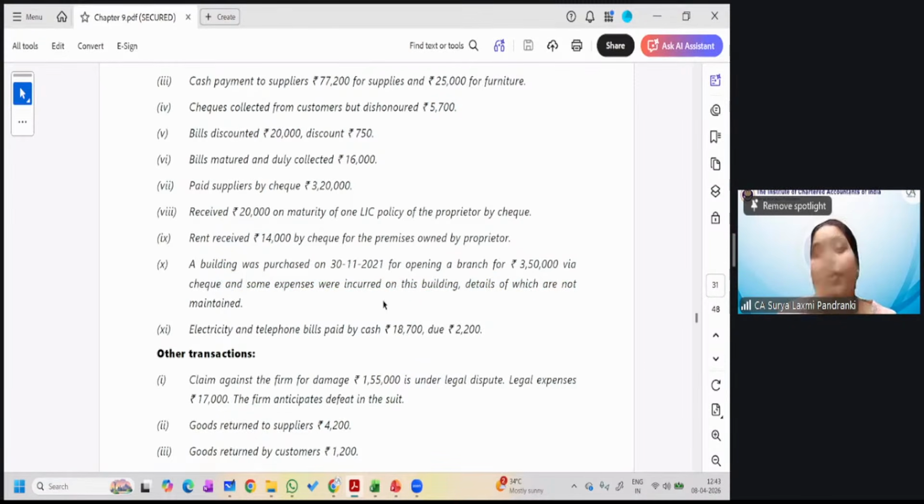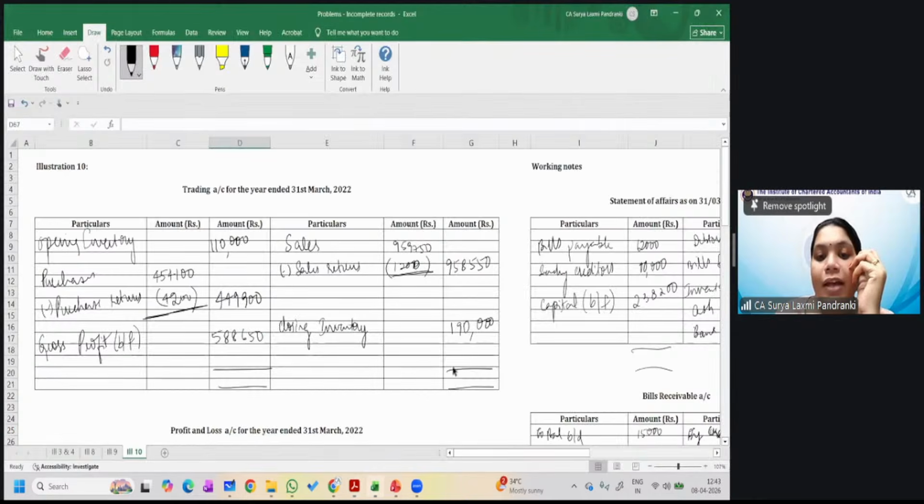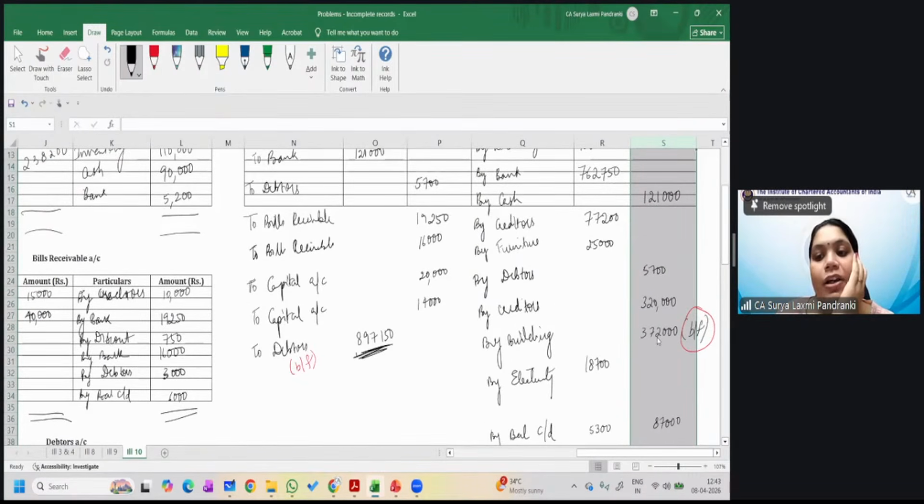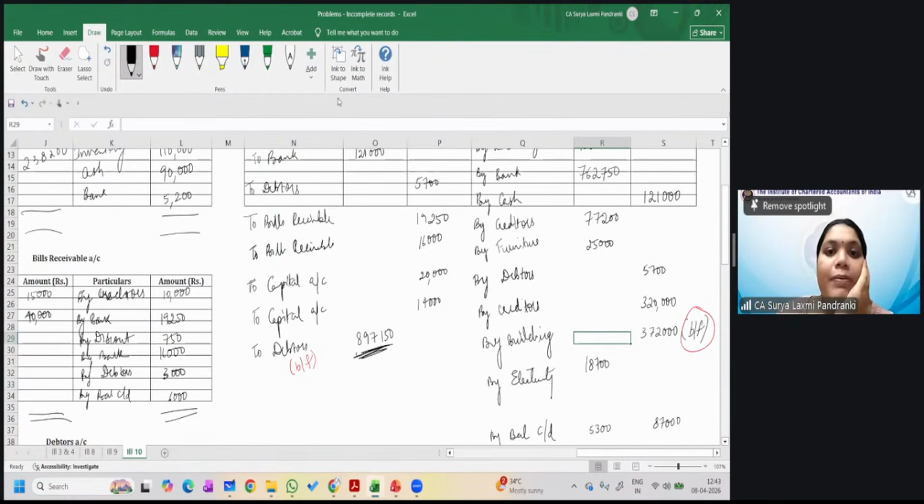This expense, we don't know what is the amount. Then how will you find out this amount? That is why we have taken the cash and bank account. If you see, we have a bank column in the account. The balancing figure in that bank column is taken as building. Assuming that there are no other transactions, we have taken the balancing figure as building, because that balance is missing, right?